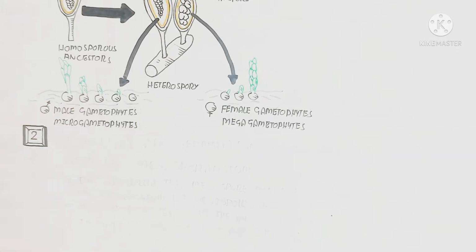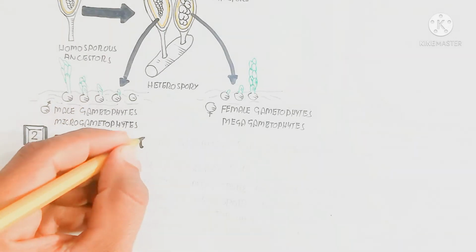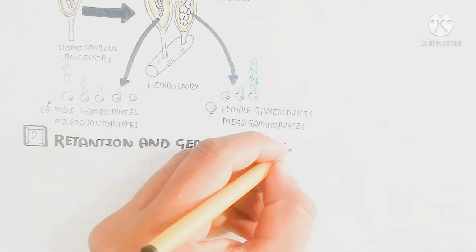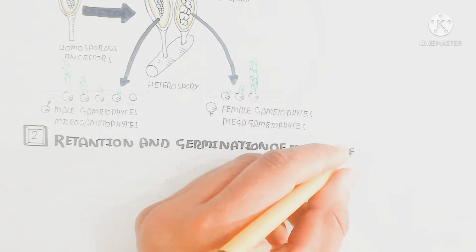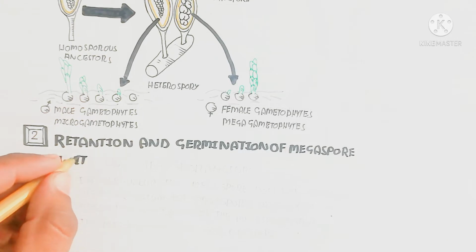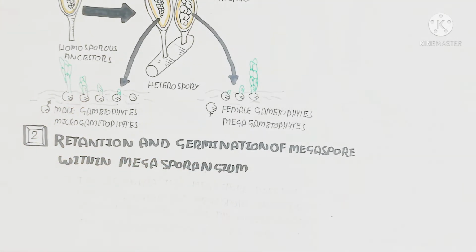Why? Because of water deficiency. Bryophytes are also known as amphibian plants because they require water for gamete fertilization, while spore production requires dry weather. So this is the retention and germination of the megaspore within the megasporangium.